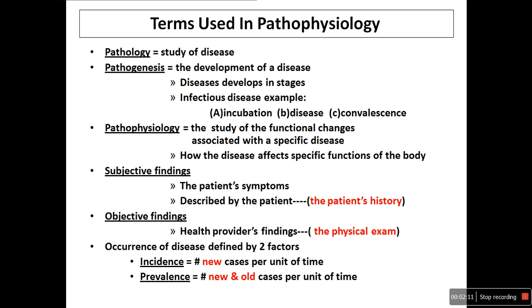Infectious disease example. الأمراض المعدية لها stages، infectious diseases have specific stages, which are the incubation, the disease or illness, and the convalescence.